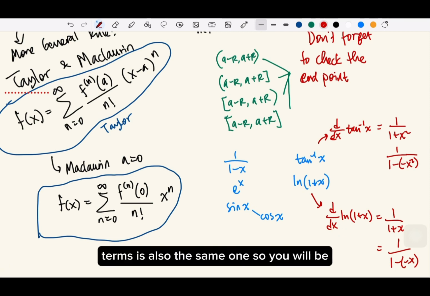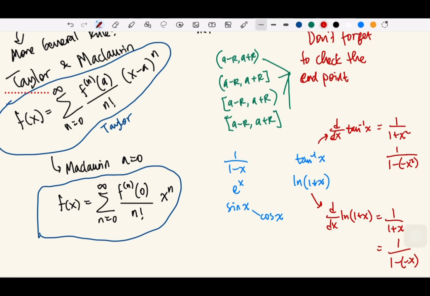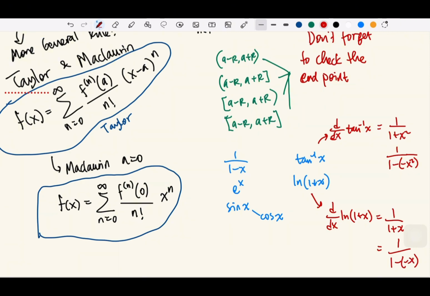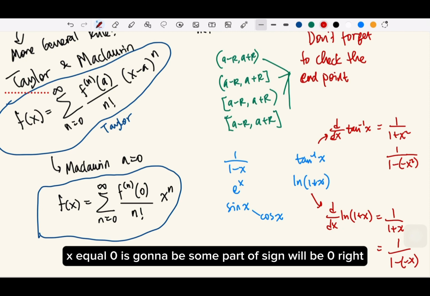So it will be x to the power of n divided by n factorial for e. It's not too complicated, right? For e. For sine, I think you need to do some Maclaurin, because for some parts there will be 0, because if we plug in x equals 0, some parts of sine will be 0, right?